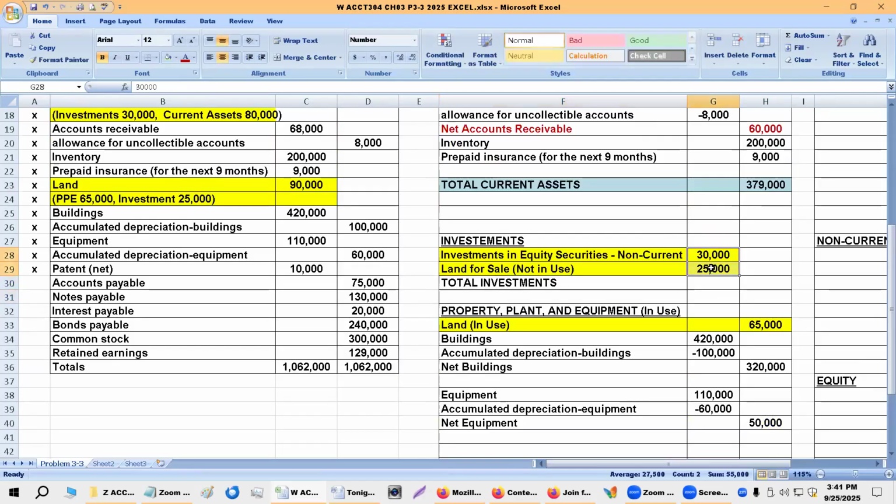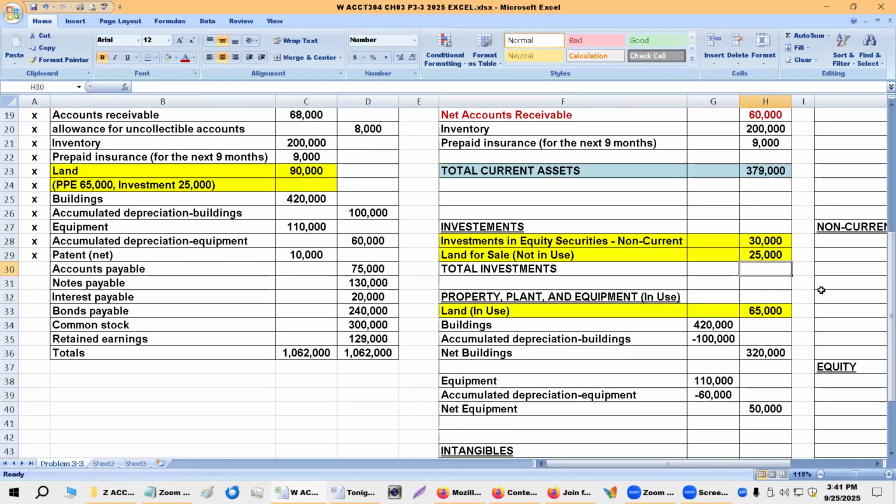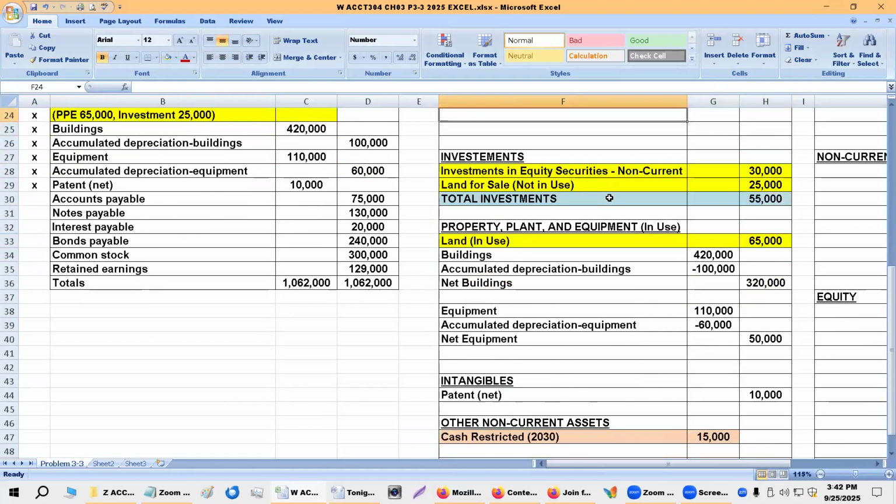They'd probably be over here again. Big number. That's turquoise. Total property, plant, and equipment.